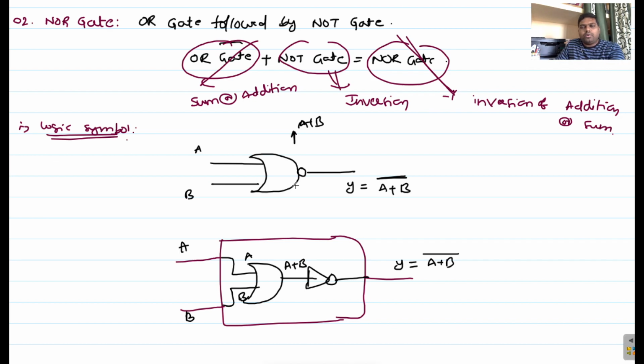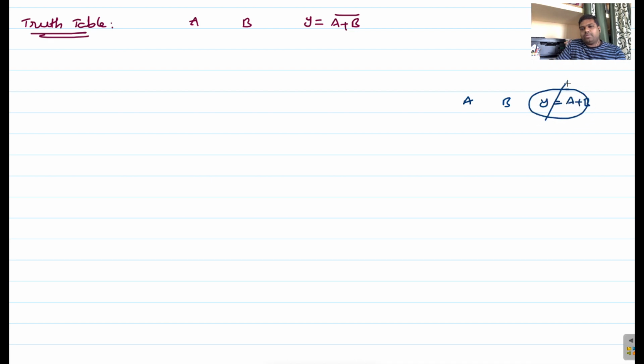Next we will move on to the truth table. First you take input A and input B, and output Y equals (A plus B) bar. But already we know the OR logic, Y equals A plus B. This Y equals A plus B is nothing but the OR gate logic.